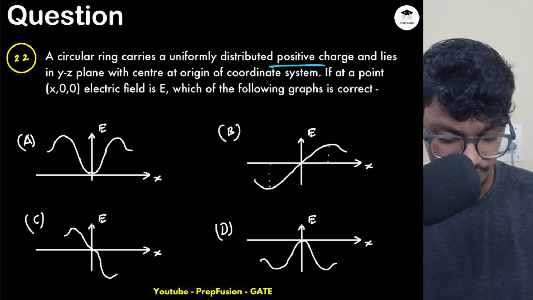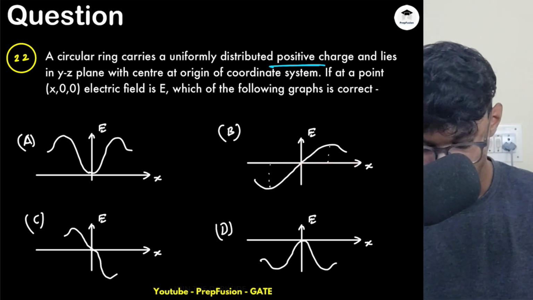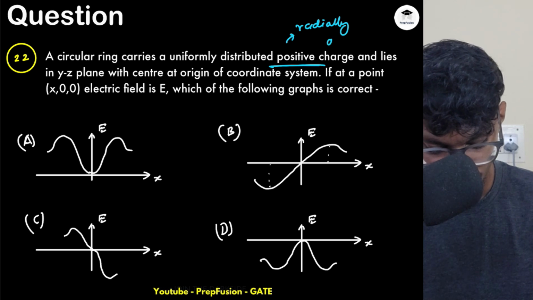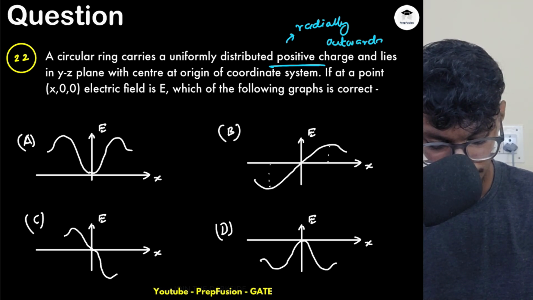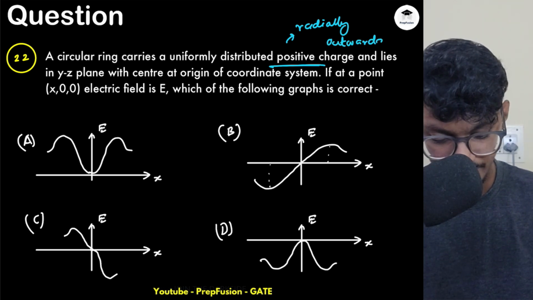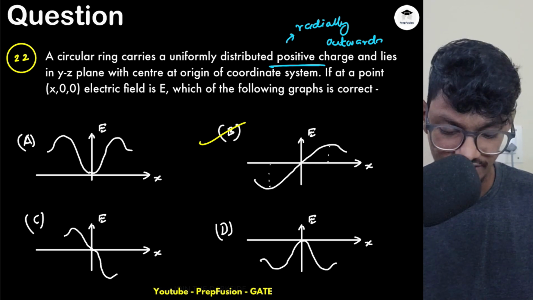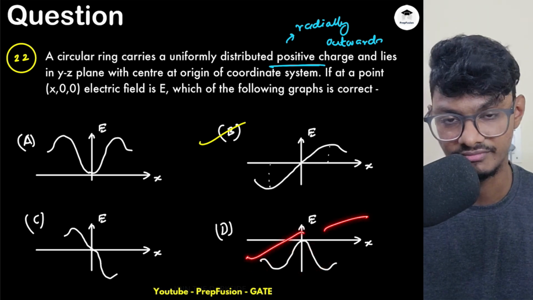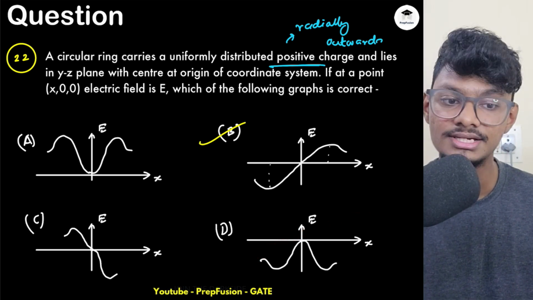As this is positive, it will always be radially outwards. So option B will be correct. This cannot be always negative. It has to be positive on one end and negative at the other end, as it is radially outwards.